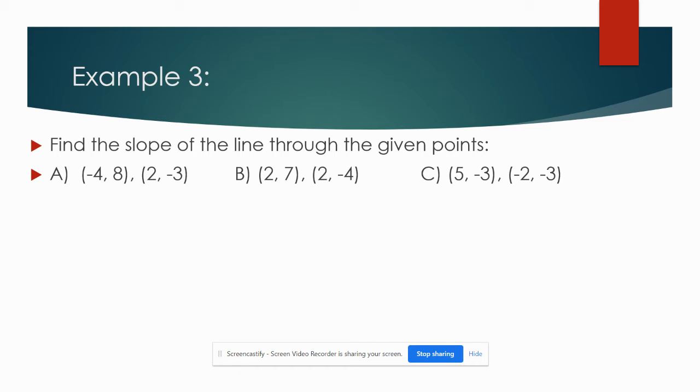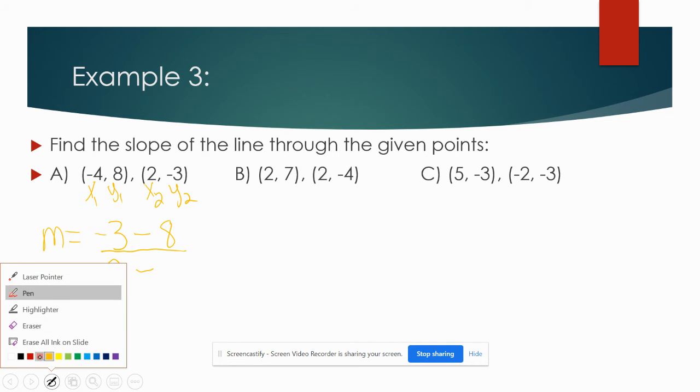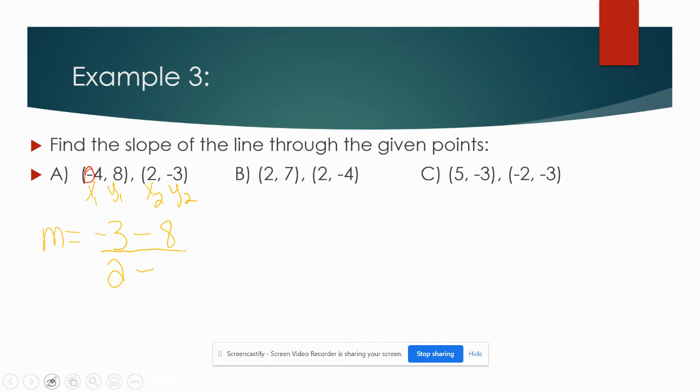So finding slope. I like labeling my points so I don't forget. So if we do y2 minus y1 over x2 minus x1, now be careful here because we're subtracting and we have a negative.